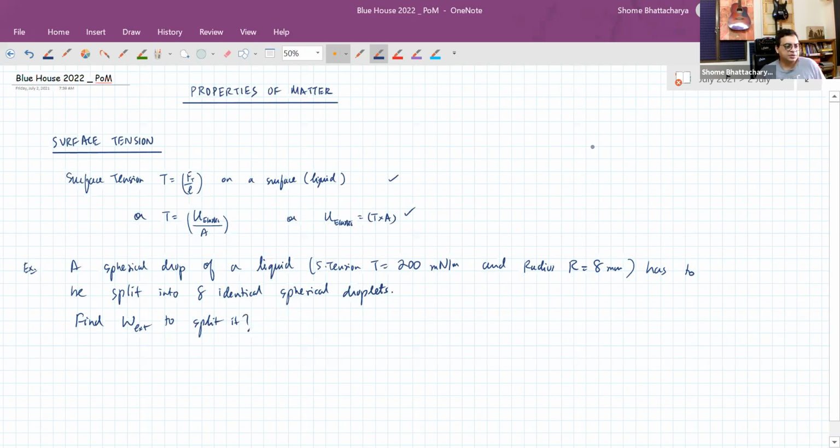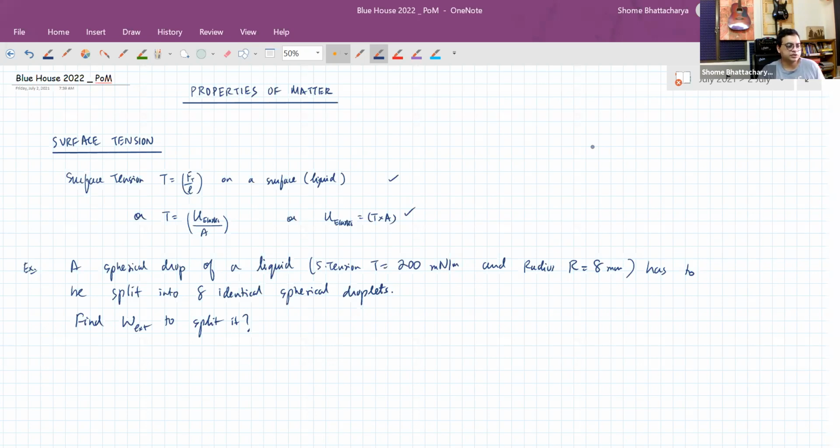This is a typical application type of question for the second concept that we have seen above, that surface tension is surface potential energy per unit surface area. So we'll use that concept over here. Because the surface energy is surface tension multiplied by surface area, any liquid body tries to minimize its surface area so as to minimize the surface energy and therefore have maximum stability.